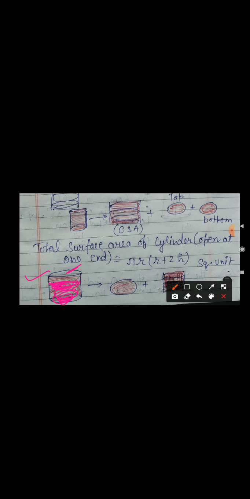Then this cylinder is divided in this form: first is the base, and second is the curved surface area. Then you add these two things and you get the value of the total surface area of a cylinder that is open at one end.